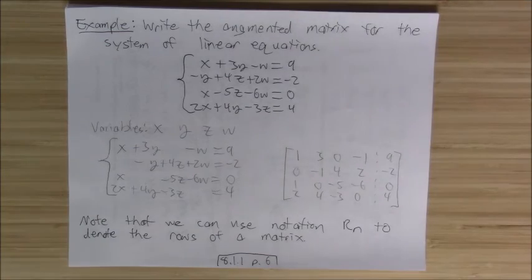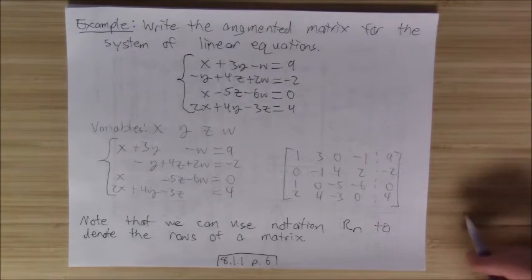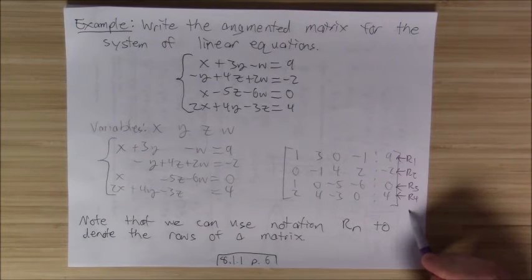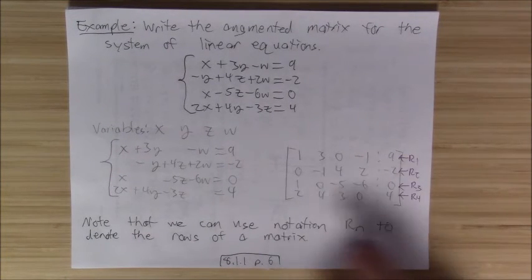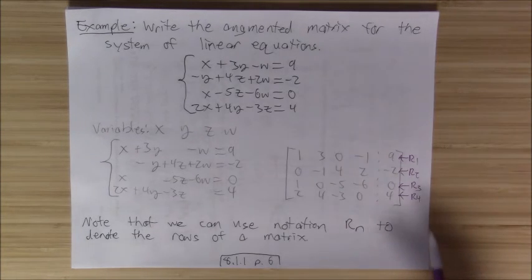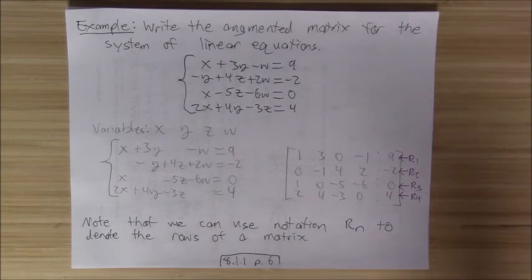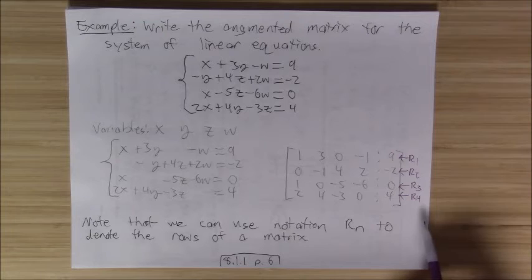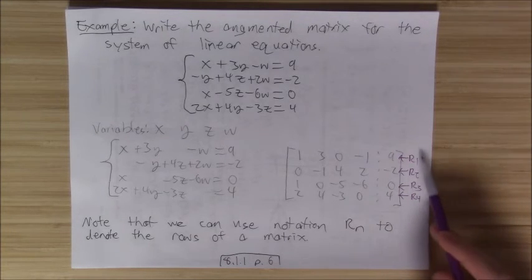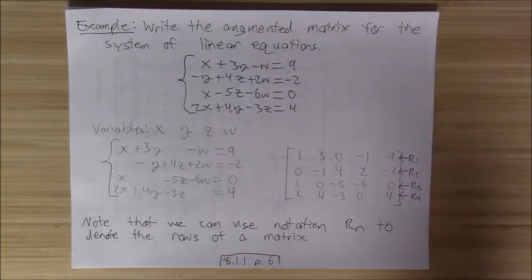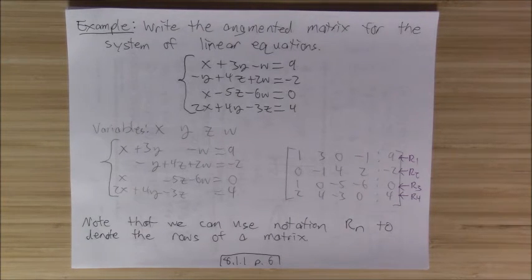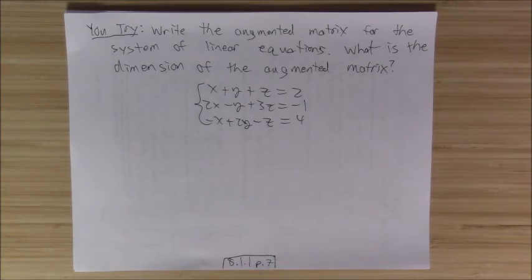Also note that we can use the notation Rn to denote the rows of a matrix. Most notably, we have the rows R1, R2, R3, and R4. This notation will be very helpful when we do row reduction and Gaussian elimination, because our rows, our R's, are going to take the place of what we had as equations before. But before we get to any of that in a future video, let's have you work an example.